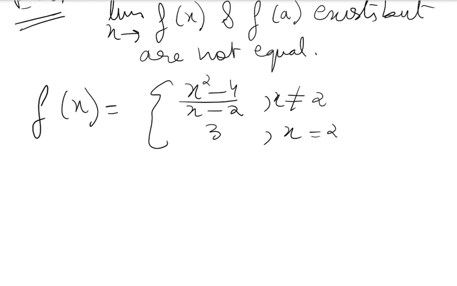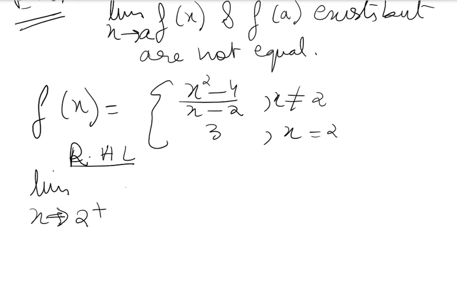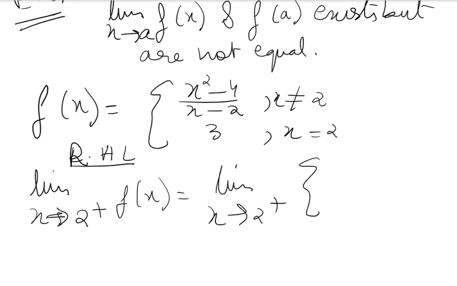So we're going to check. So look over here, x tends to a. Let's check the LHL, left hand limit. Limit x tends to 2 positive, f of x. Which one are we going to take? 2 positive means not equal to 2.